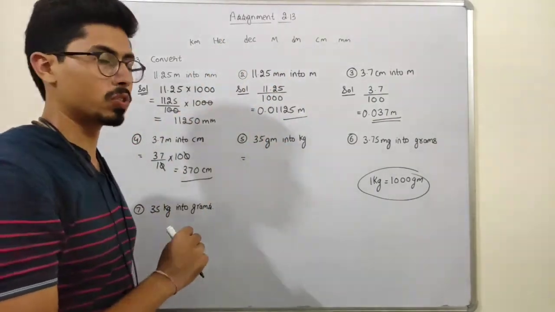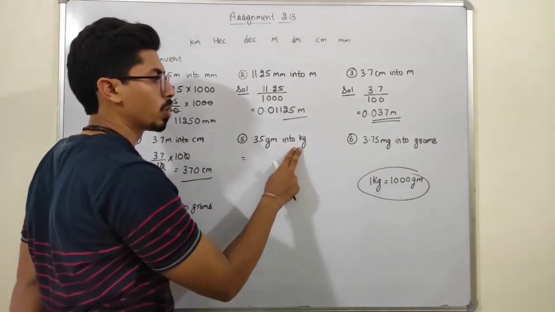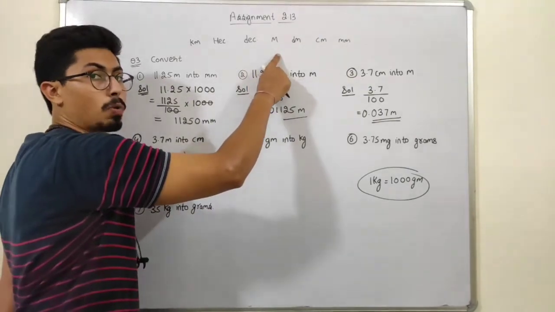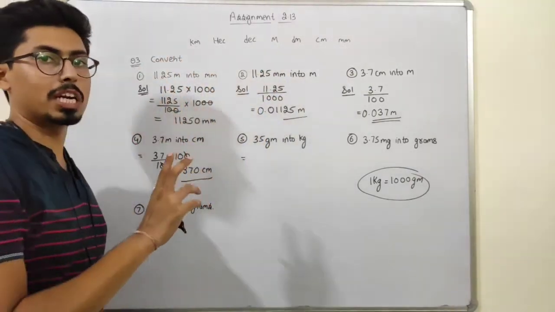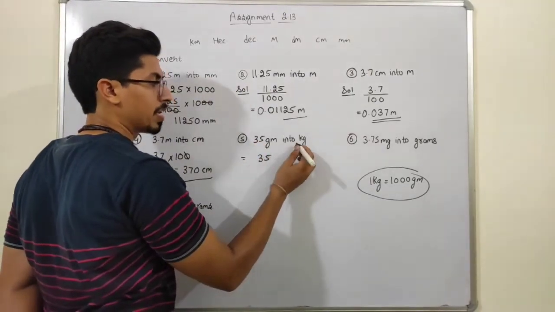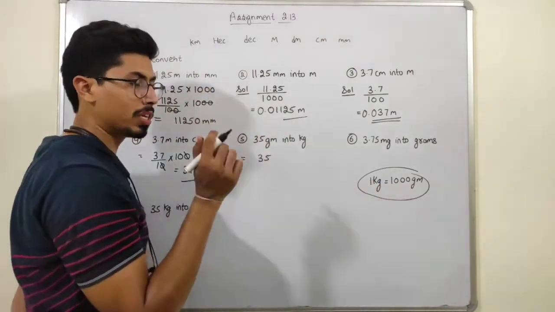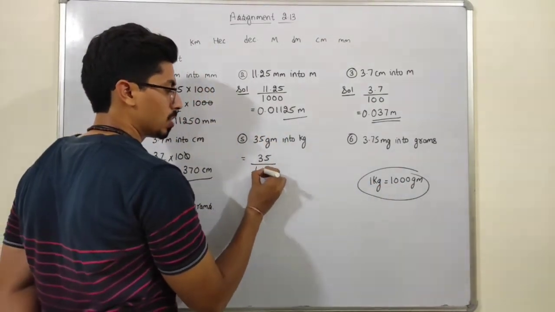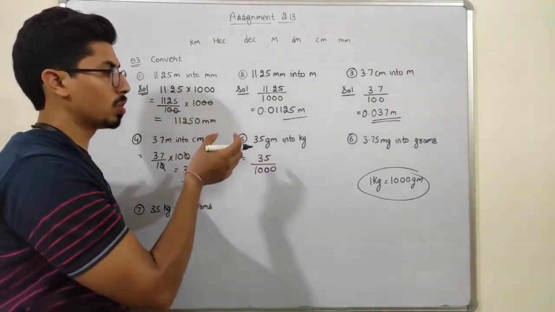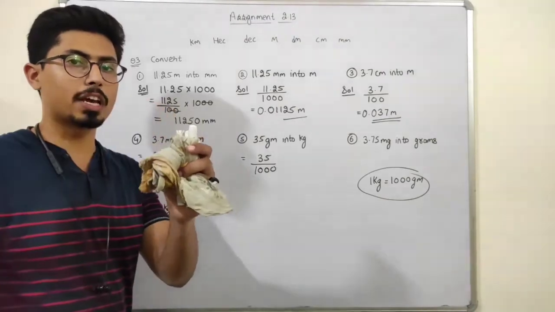Same thing goes here. So if 35 gram is converted into kilogram, that means from the smaller unit I have to go to the bigger unit. That means I have to divide. So 35 gram when converted into kilogram, there is a gap of 1000. So just divide it by 1000, because from the smaller unit I have to go to the bigger unit. Okay. So when we go from a smaller unit to the bigger unit, I have to divide.